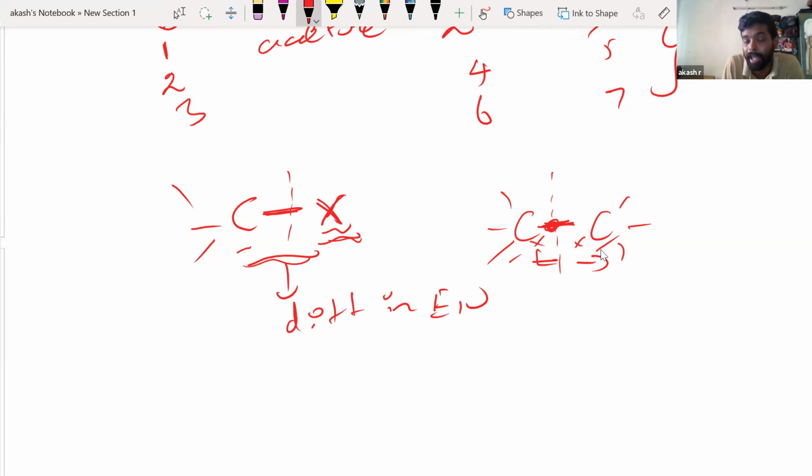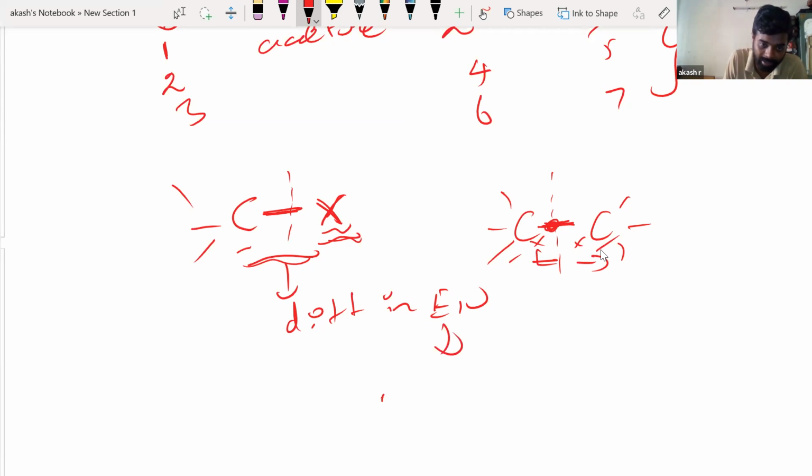Again, I repeat, the electron cloud will be pulled towards the more electronegative atom just because it is more electronegative. How do you define electronegativity? We all know that it is the ability of the atom to attract a shared pair of electron towards itself.